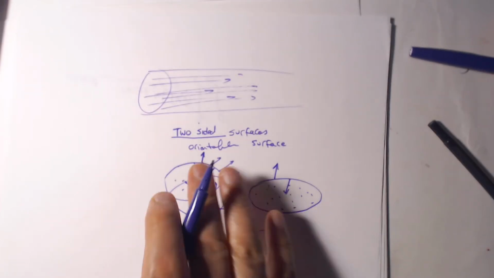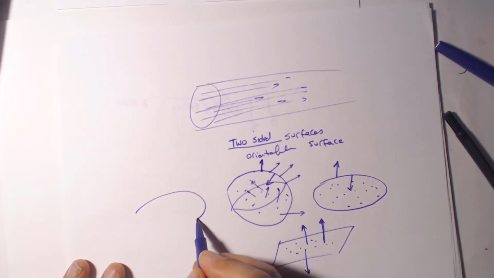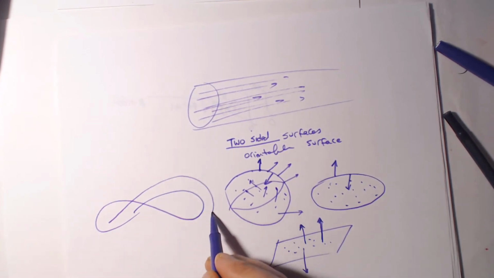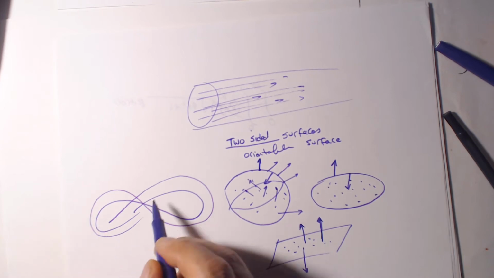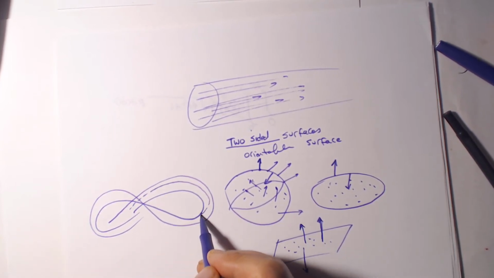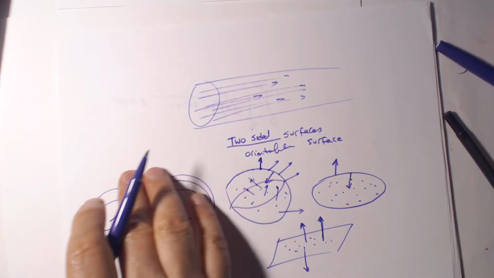It means you cannot have, there are some surfaces, let me see if I can make one, they are tilted, and when you go in here, your head is up, but these are not two-sided surfaces.